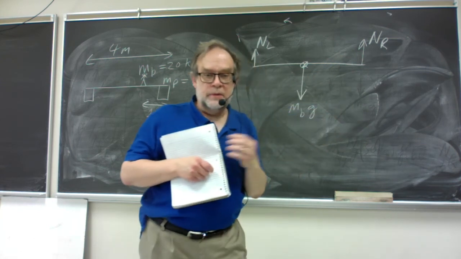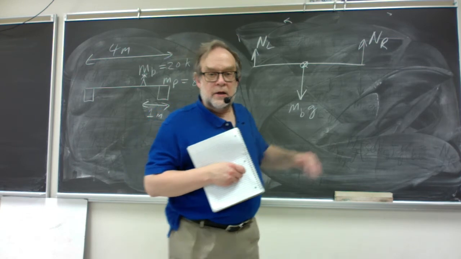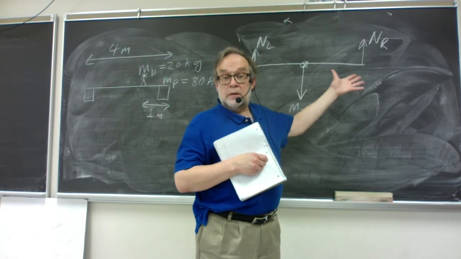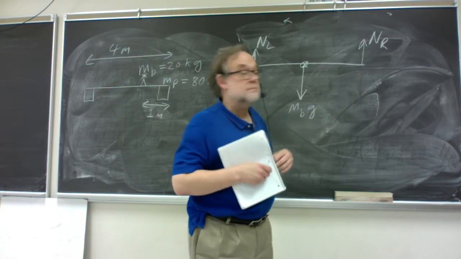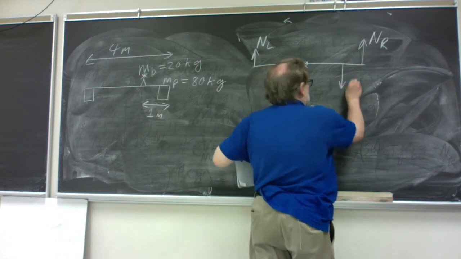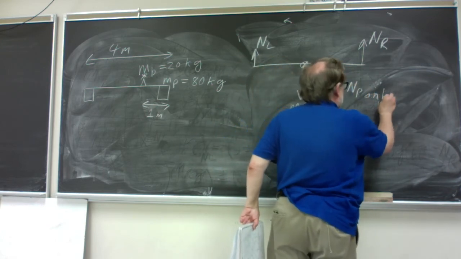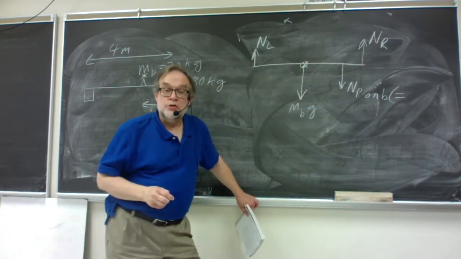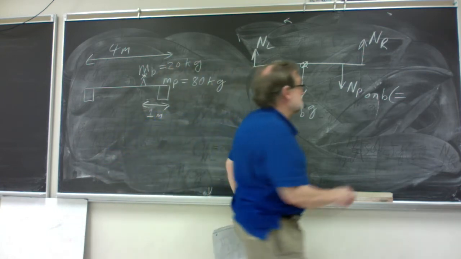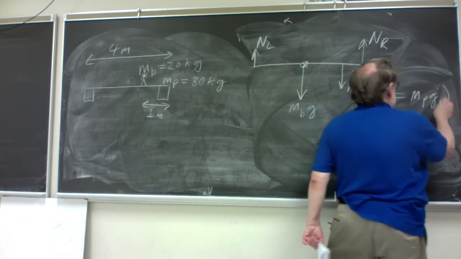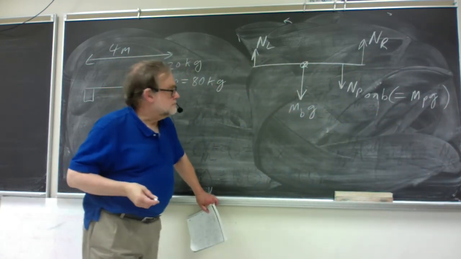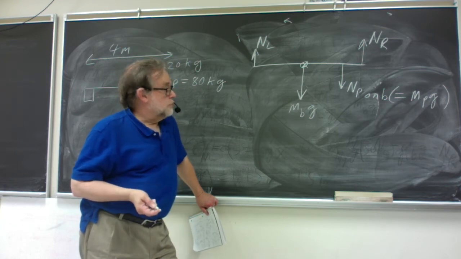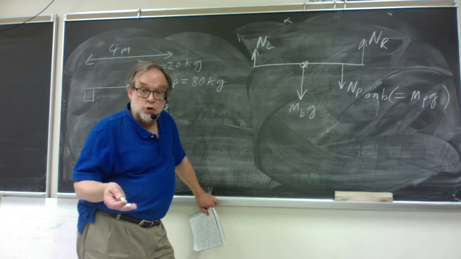But just like in the seesaw example, that normal force from the person pushing down on the board is going to have the same magnitude as that person's weight. Mass of the person times g.